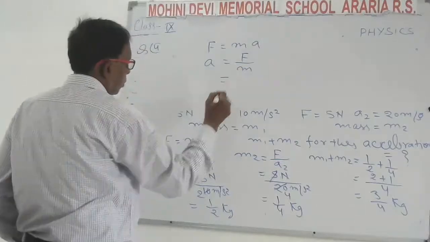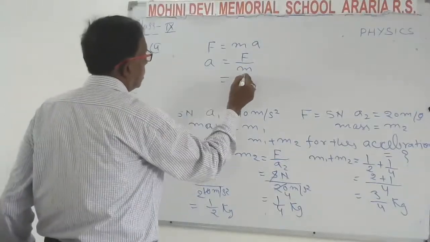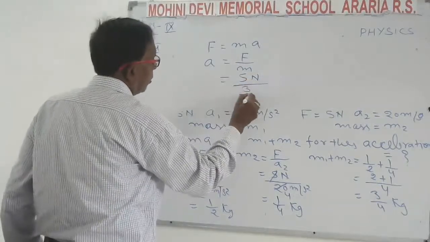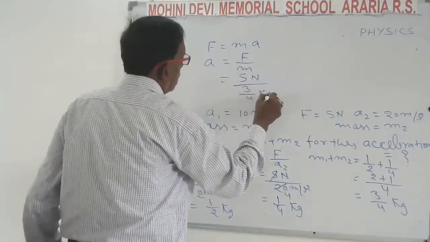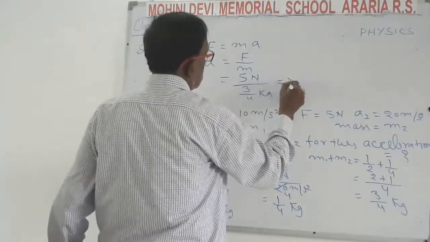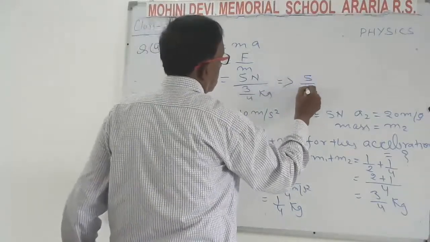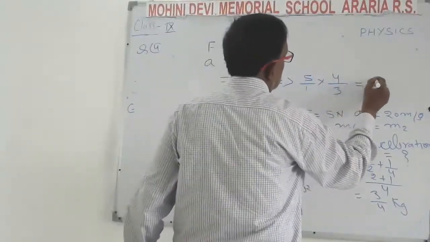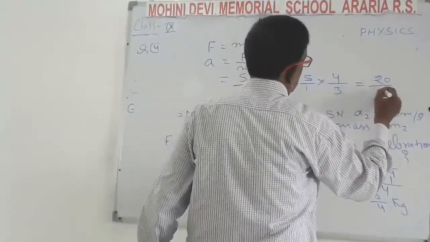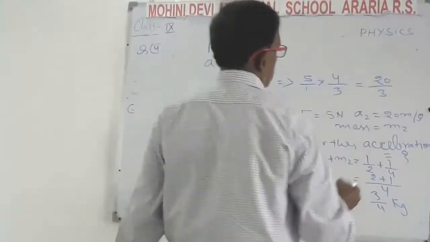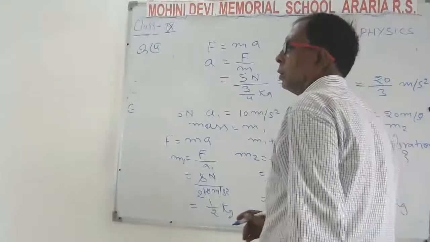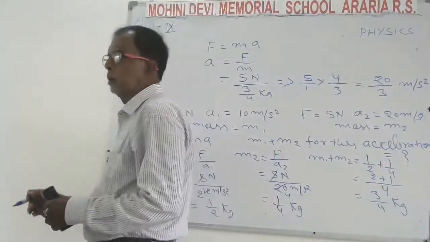The Newton force is 5 Newton and the mass is 3 by 4 kg. It means you have to write 5 by 1 into 4 by 3, that is 20 by 3 meter per second square. This is the solution of this question.